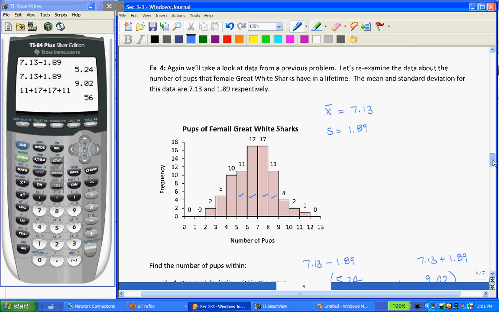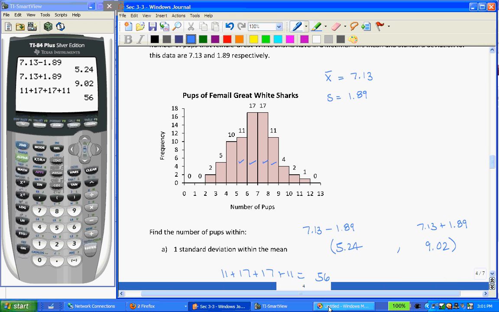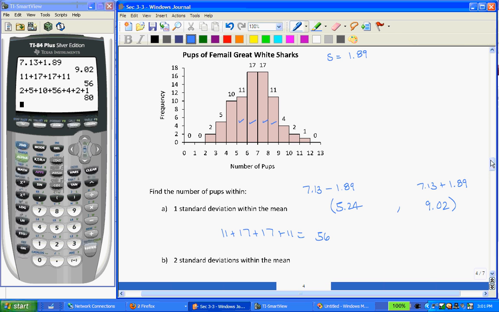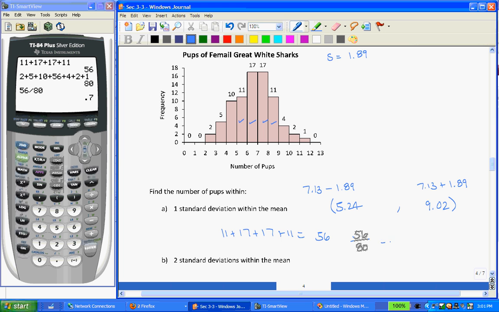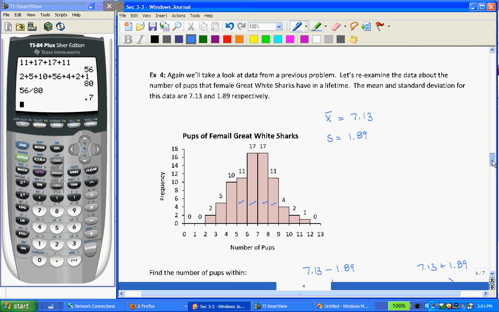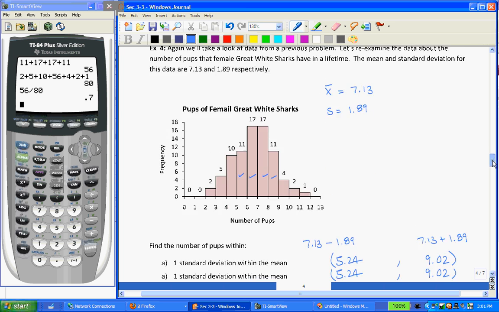And we looked at 80 sharks, I believe. So let's see what proportion or percentage of our data that represents. So 56 divided by 80 is 70%. And what did our empirical rule say? 68%. So about right. Remember, it's kind of approximate, but that kind of works.